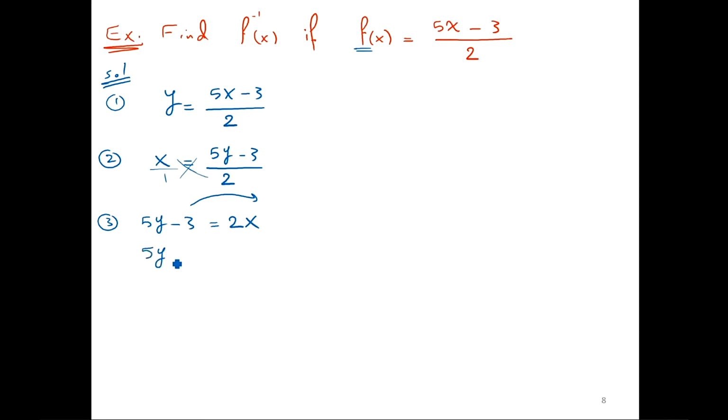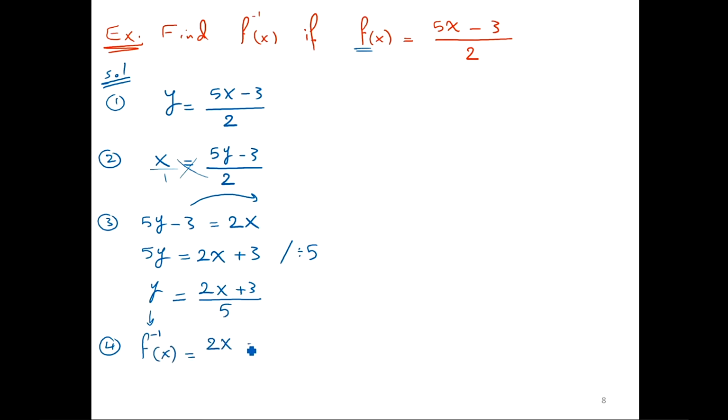So we have 5y equal 2x plus 3. Divide by 5. So we have y equal 2x plus 3 over 5. The last step, just replace y with f inverse. This is the value of f inverse. So we have 2x plus 3 over 5. This is the inverse of the function f of x, this one.